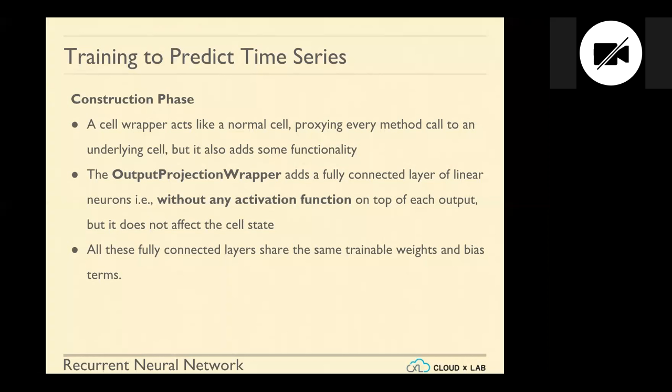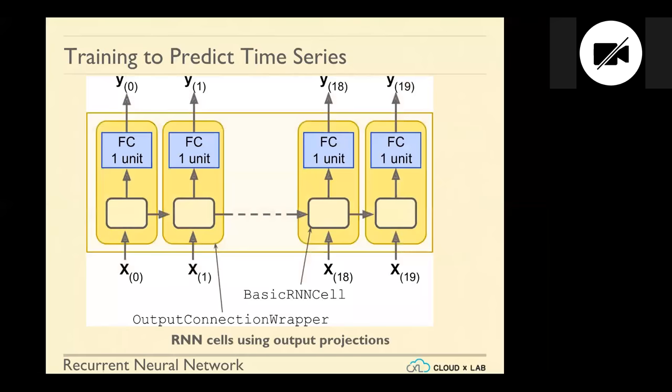But it does not affect the cell's state. All these fully connected layers share the same trainable weights and biases. Essentially, we are converting these 100 neurons into a lower number, like 10, and then using those further.